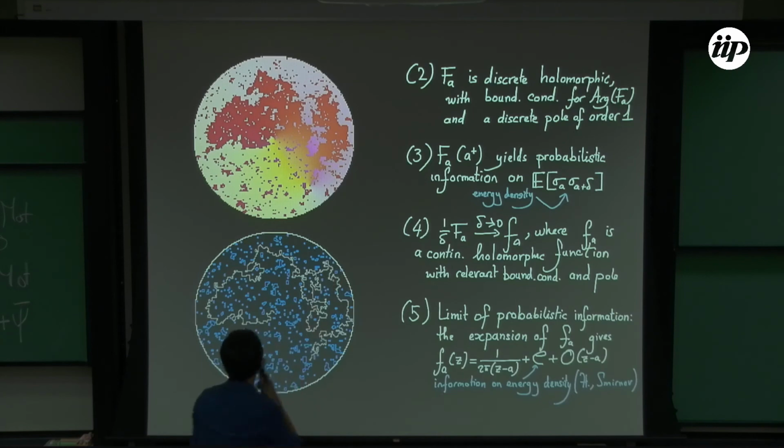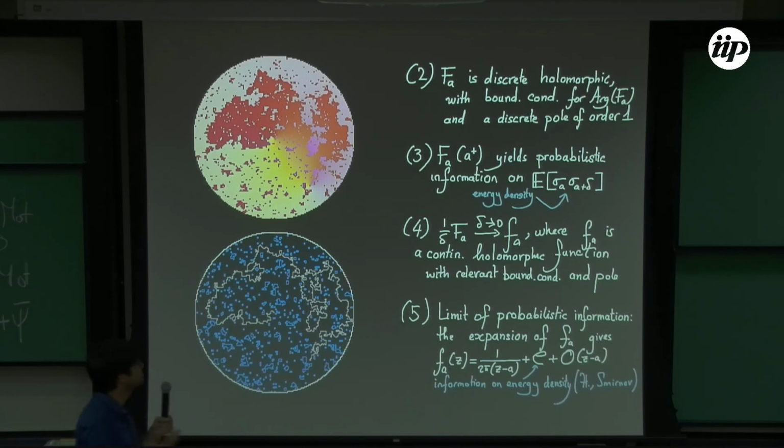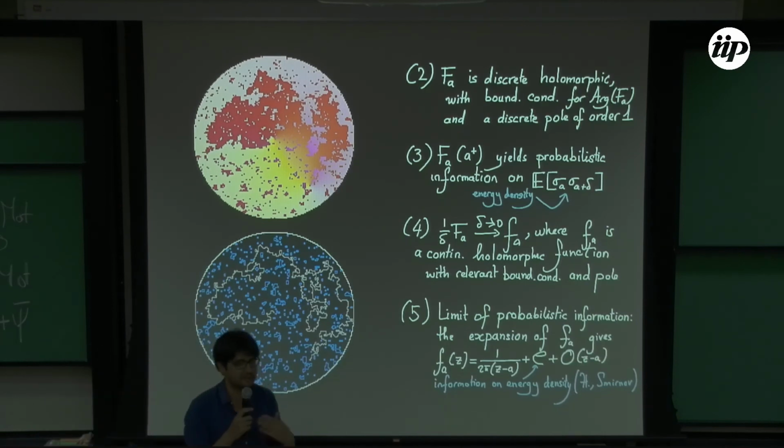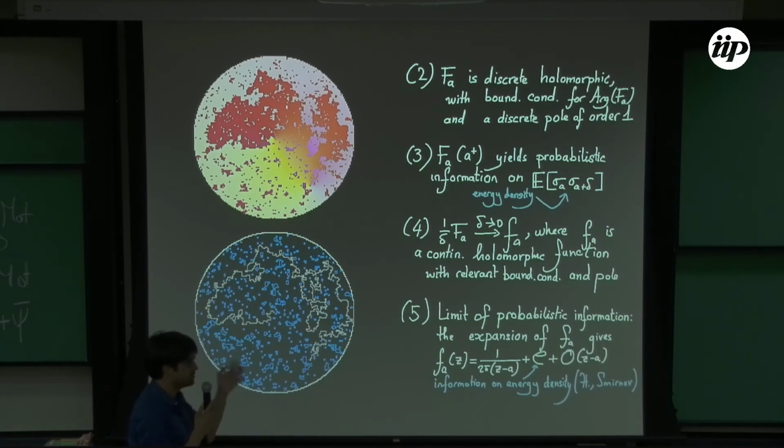As a function of its second parameter, z, this function is actually discrete holomorphic, in the sense that it satisfies a lattice analog of the Cauchy-Riemann equations. So you can really think of it as a discrete analog of holomorphic functions.